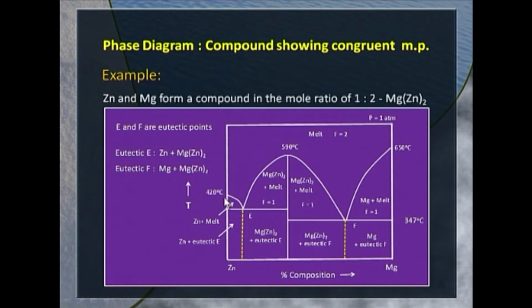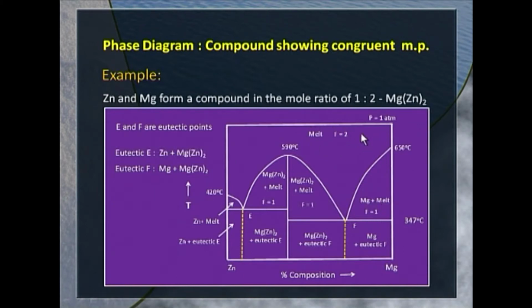Similarly, if you start from the melting point of zinc and move downwards and follow the line, below this line you have the system entirely in the solid state. Between these two we have the equilibrium between various solids that are present in the system and the melt.